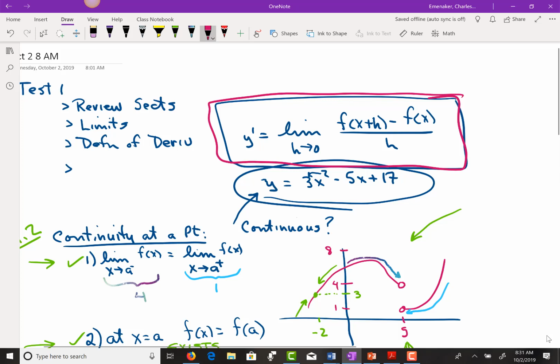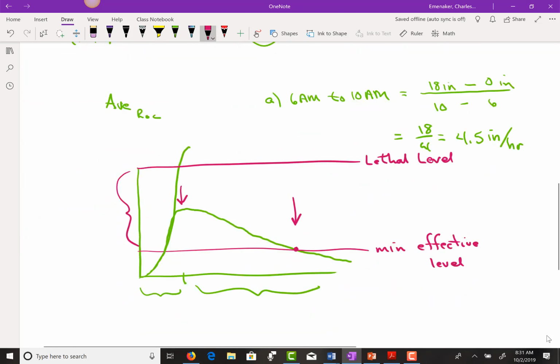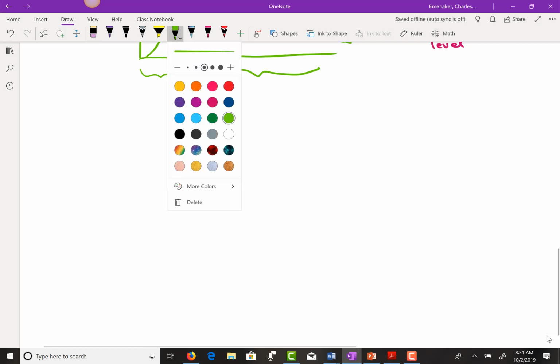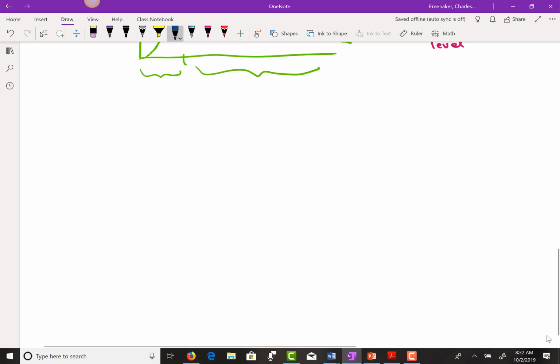And then 1.5, 1.6, 1.7. Get into different techniques for computing derivatives. One of the problems on the test is going to be several parts. It's just going to say compute the derivatives. Compute y prime.